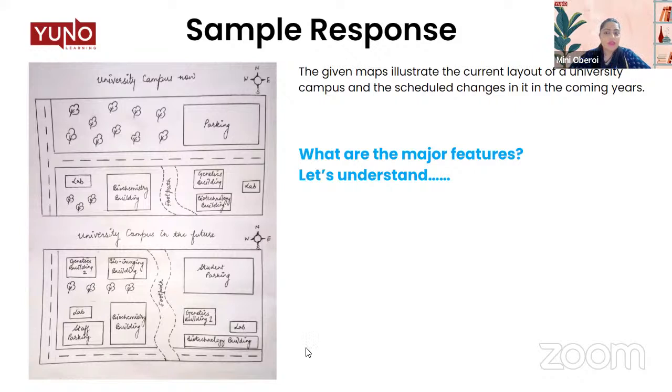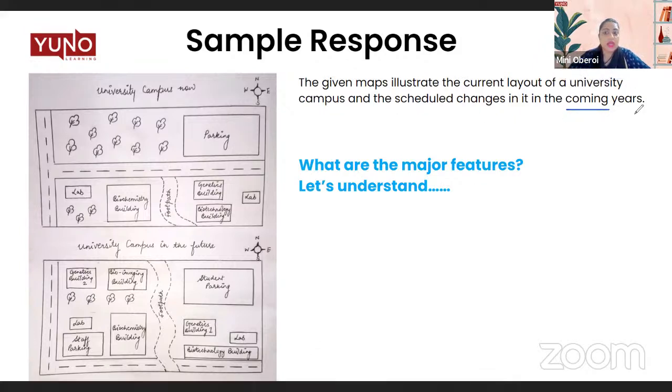So we have very clearly mentioned that this is related to the coming years, and they illustrate the current layout, present tense and future. And I have not mentioned the year 2023, right? We don't have to say that. It is well understood, correct? And this is related to a university campus. Simple and easy.